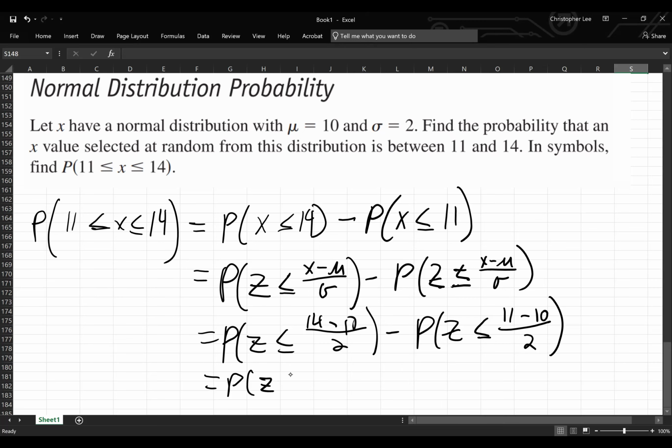Now just do a little math. First one is 2.00.